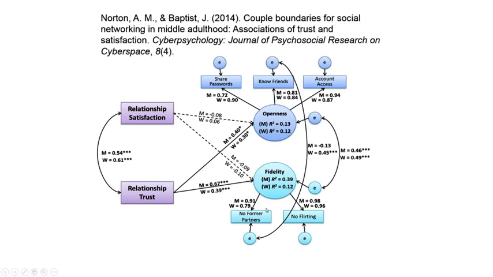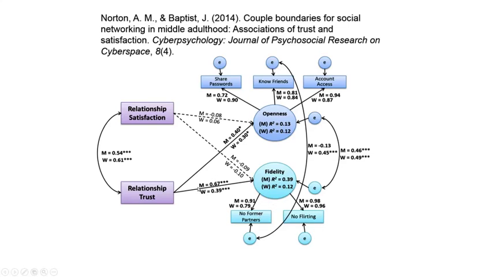So this was an item that asked, do you agree that you aren't friends with former romantic partners, and do you agree that you don't flirt with other people online, and do you agree that you share each other's passwords, that you know each other's friends, and that you have access to each other's accounts? And so these 3, the sharing passwords, knowing friends, and accessing accounts, I called openness, and not being friends with former romantic partners and no flirting, I call that fidelity.